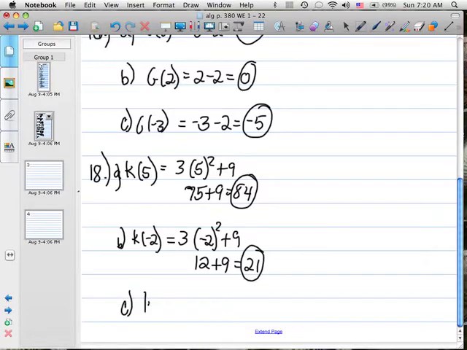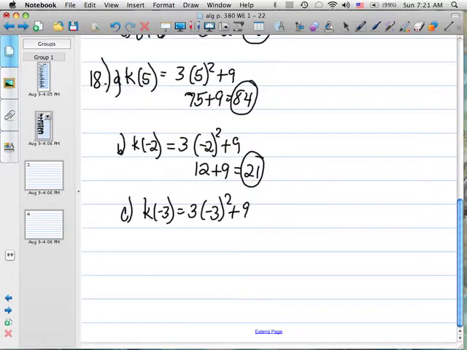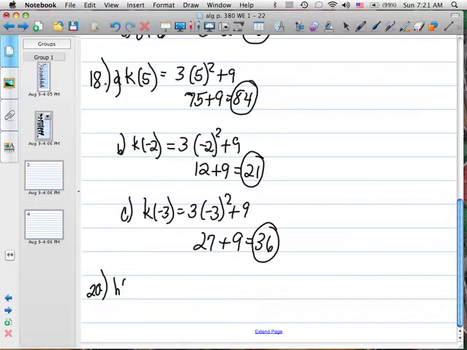And C, k at negative 3. So 3 times negative 3 squared plus 9. Negative 3 squared is 9. 9 times 3 is 27. Plus 9 equals 36. Problem number 20, we have h at y.